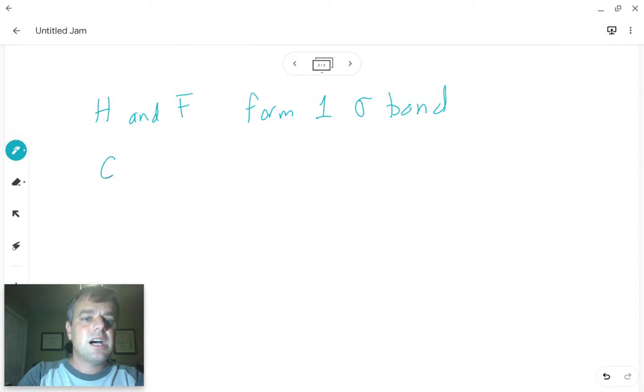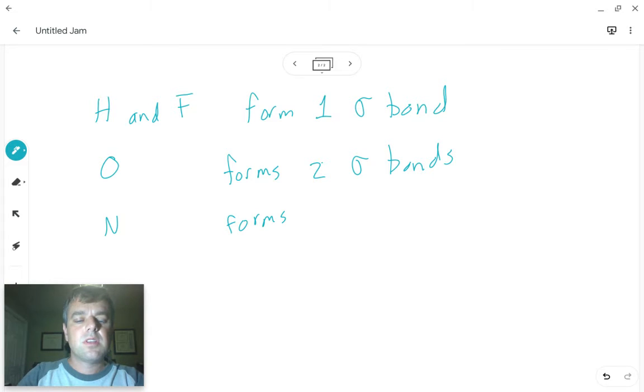Then we have oxygen forms two sigma bonds, and nitrogen can form three sigma bonds, and carbon forms four sigma bonds.